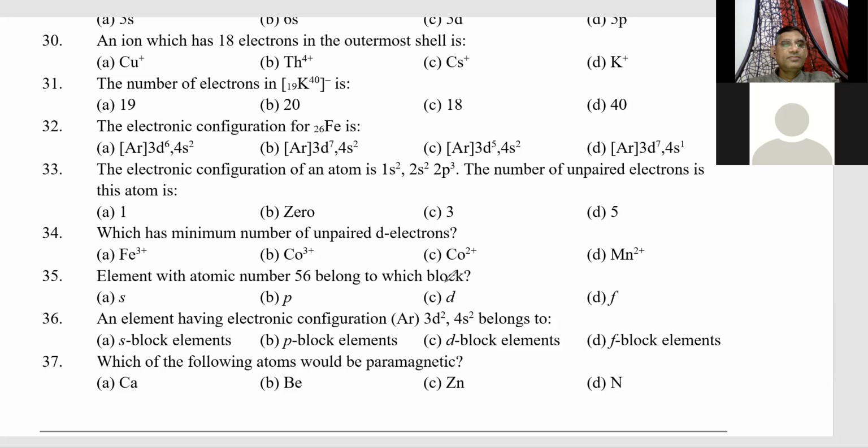Sir, cobalt is what? Which one? B or C? Two cobalts are there, right? Yes. Co3+ and Co2+.